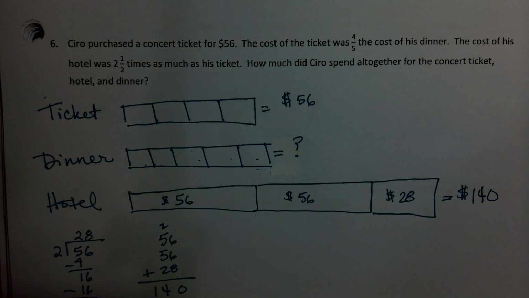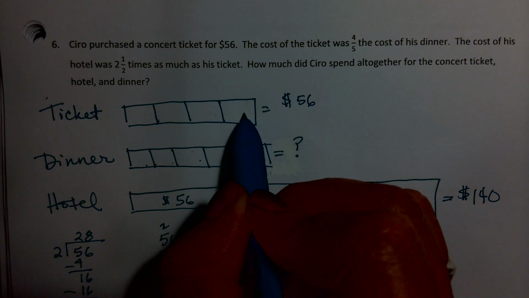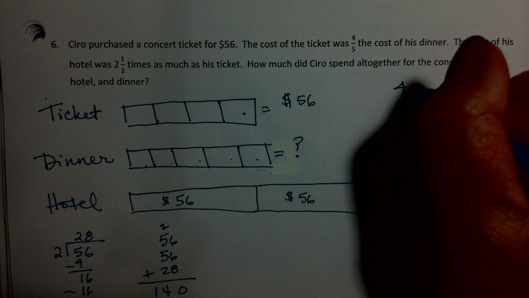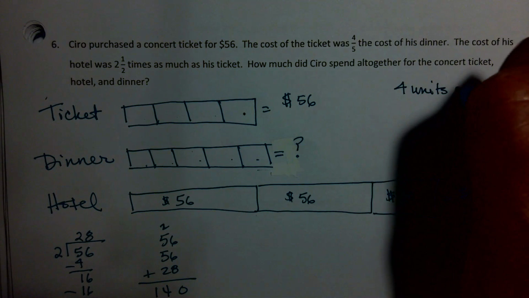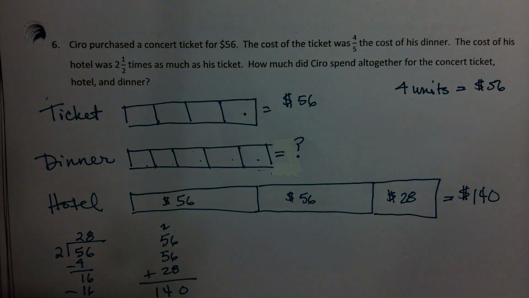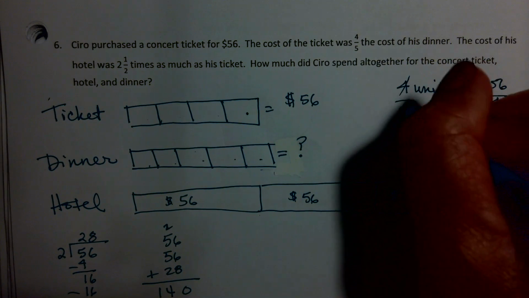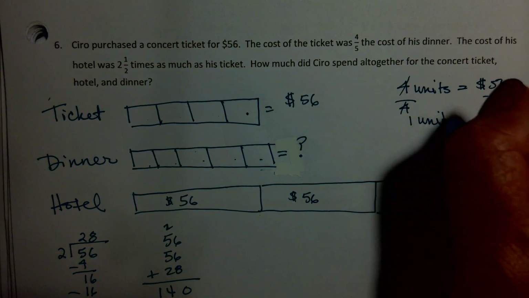Now, we're still missing the cost of that dinner. Well, let's go back to what we know about the 4 units. 1, 2, 3, 4. 4 units is equal to $56, right? And what would 1 unit be?